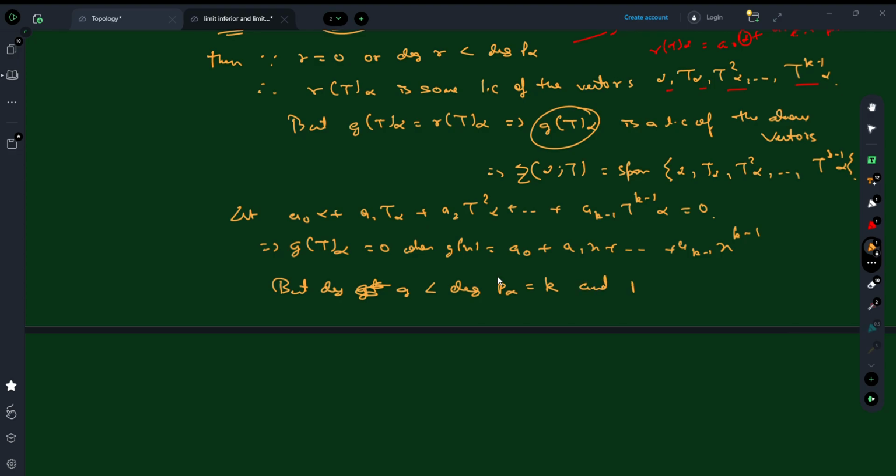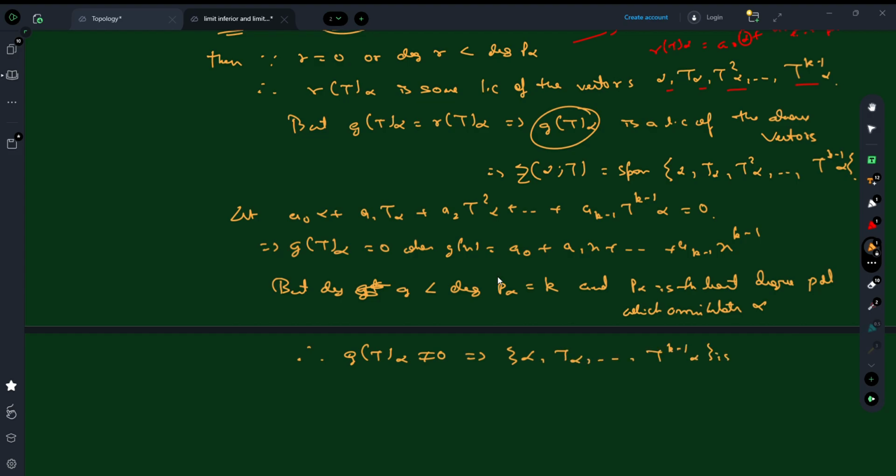And what was the definition of p alpha? p alpha is the least degree polynomial which annihilates alpha, right? Annihilates alpha. Therefore, G(T)alpha cannot be equal to 0, which implies the set alpha, T alpha, and so on till T to the power k minus 1 alpha is a linearly independent set.